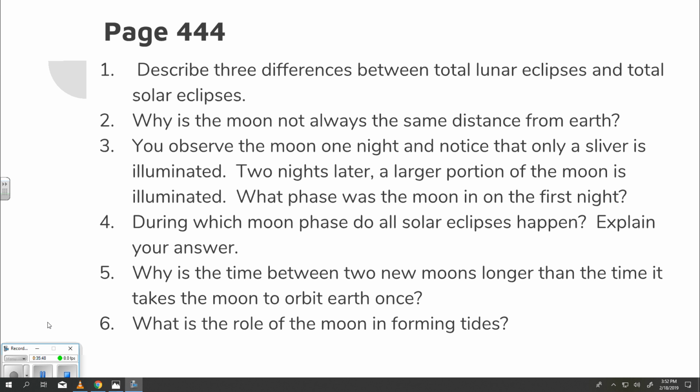Question number 5. Answer can be found on page 443.